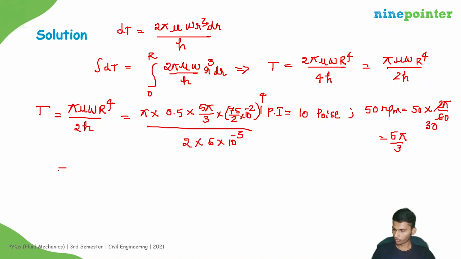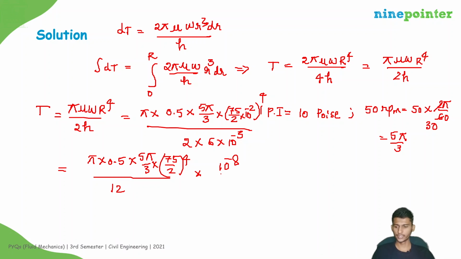Okay. So from this it is 5 into 0.5 into 5 pi by 3 into 75 by 2 whole power 4 divided by 12 into 10 power minus 8 divided by 10 power minus 3. This will be 10 power minus 5, right? So let us calculate this value using calculator.